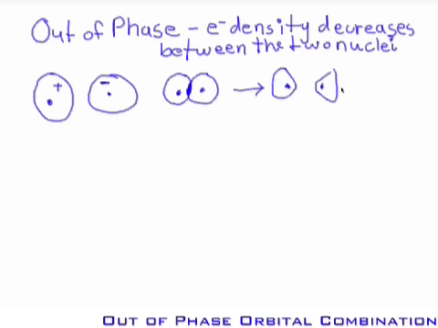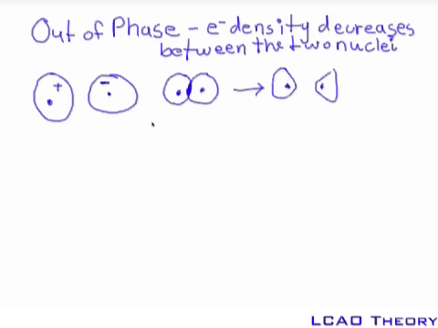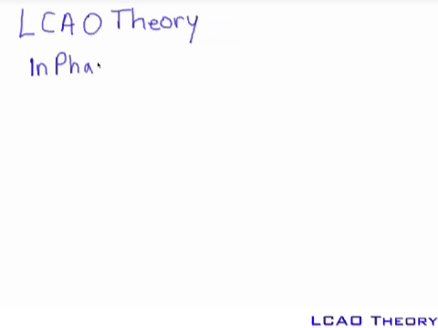All right. So what does that mean? In LCAO theory, an in-phase combination leads to electron density increasing between the two nuclei.